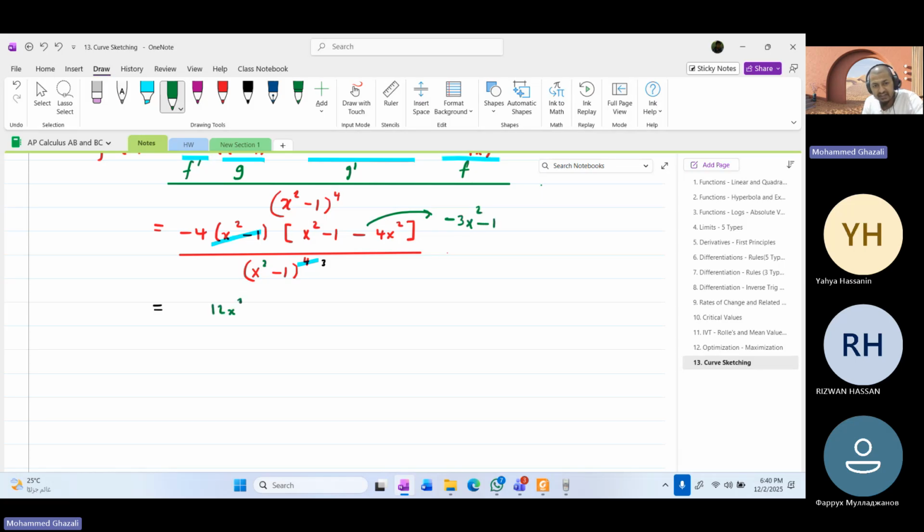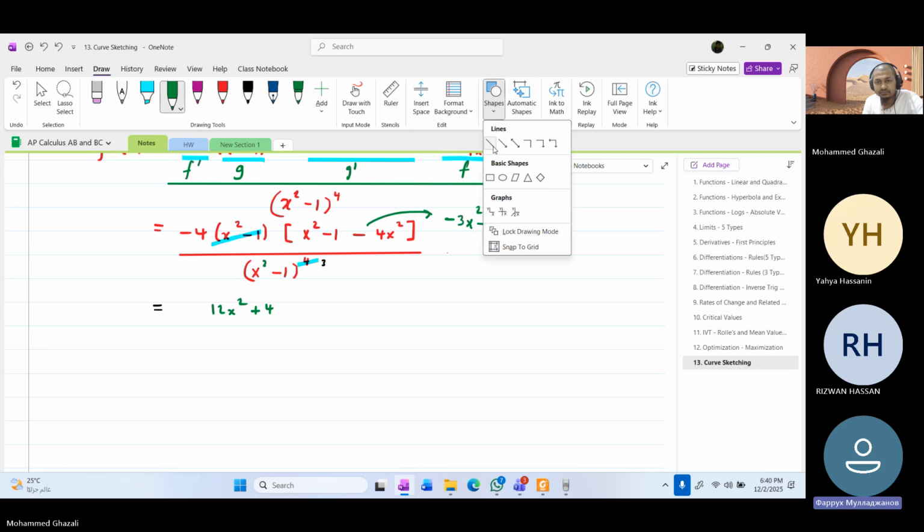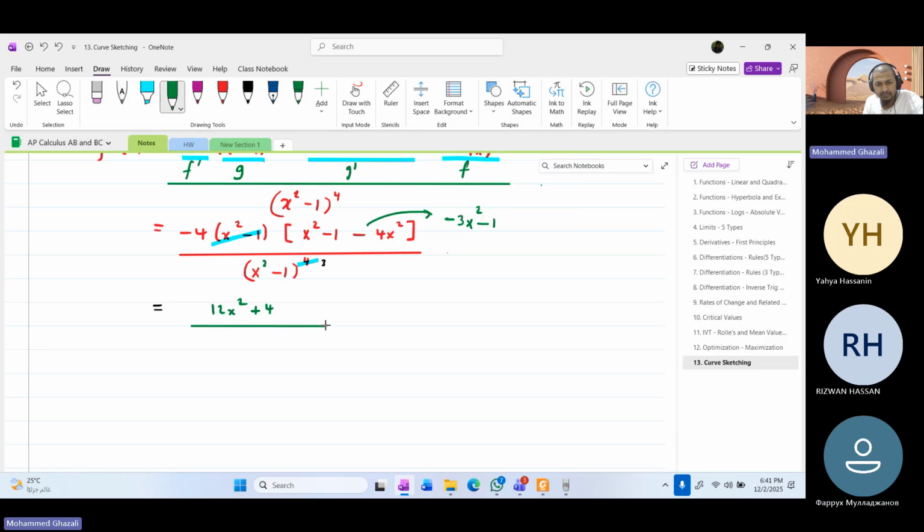So I will get 12x squared plus 4. Are we good? 12x squared plus 4, divided by, factor this out as well, x plus 1 all cubed times x minus 1 all cubed.